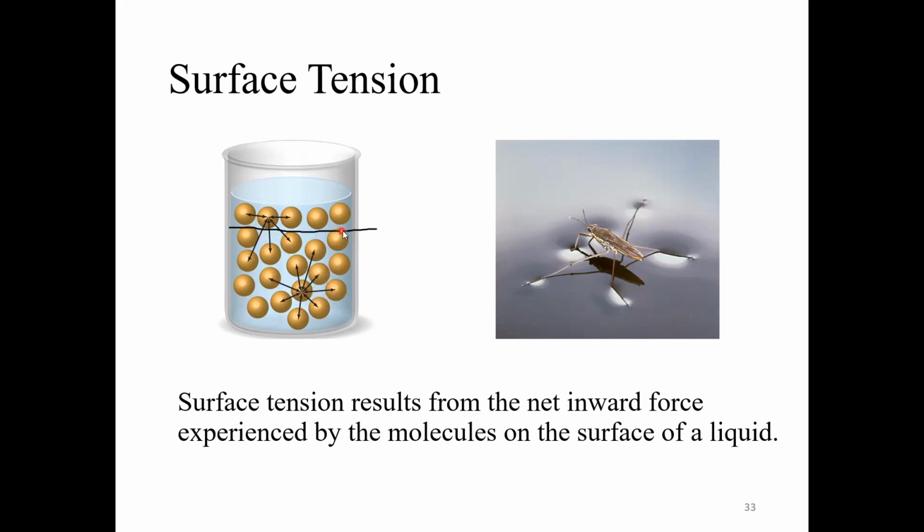Whereas if we go to the surface now, in this case, they'll be attracted to molecules on the side as well as molecules on the bottom, but there's nothing going to be above it in order for it to be attracted. So what we're going to see is with the surface molecules, they're going to have a net force pulling them down.